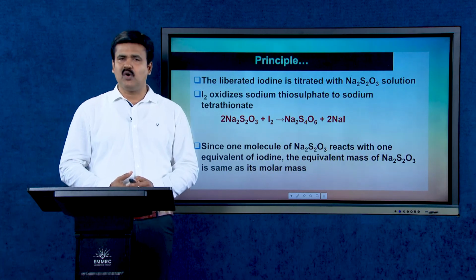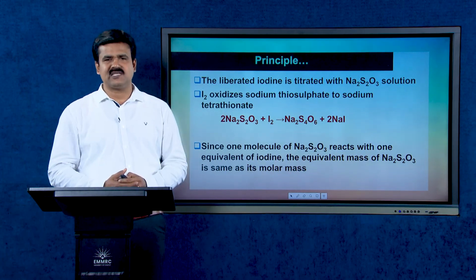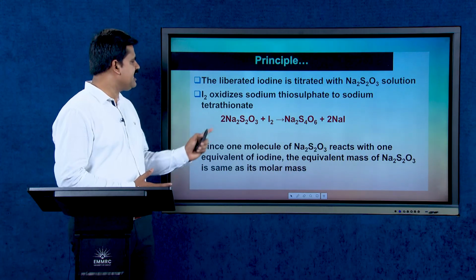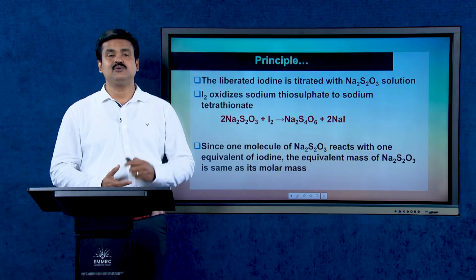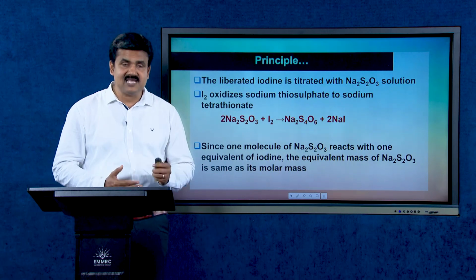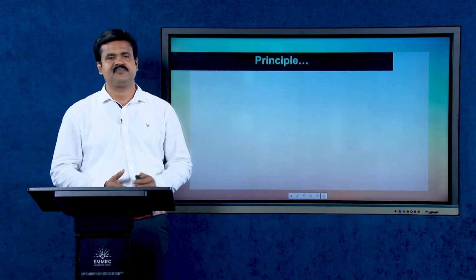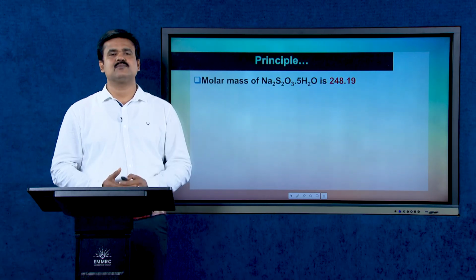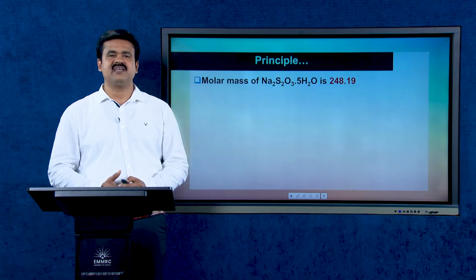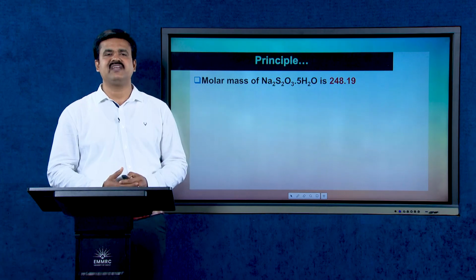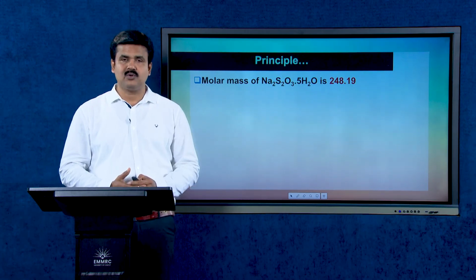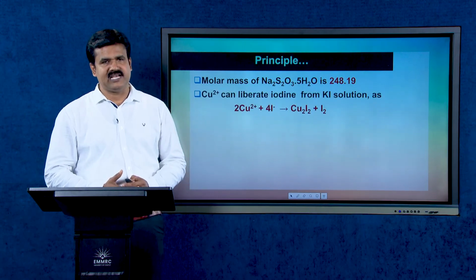Since one molecule of Na2S2O3 reacts with one equivalent of iodine, the equivalent mass of Na2S2O3 is same as its molar mass. That is, molar mass of Na2S2O3·5H2O is same as its equivalent mass, and molar mass of Na2S2O3·5H2O is equal to 248.19.